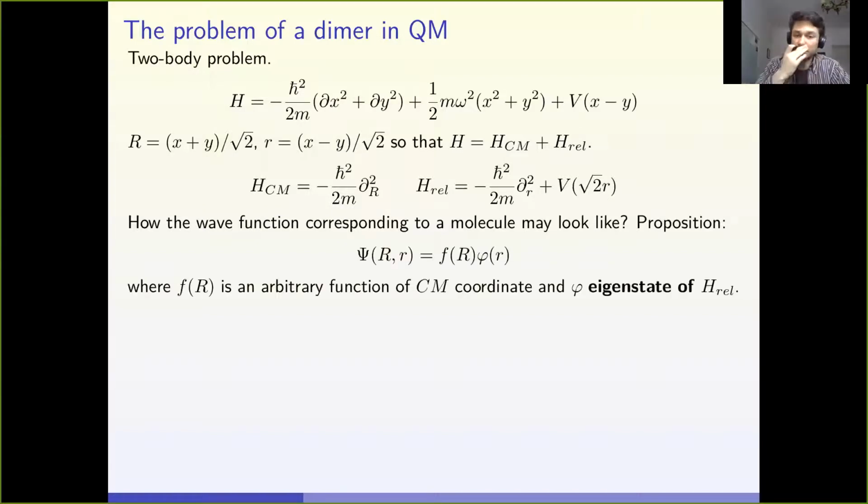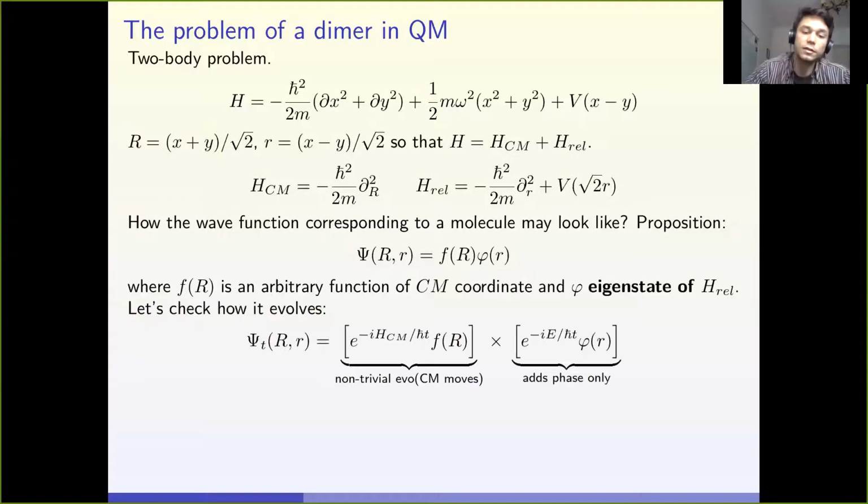My proposition is to take a product of two functions, where the first function f describes the motion of the center of mass of the molecule, and it is an arbitrary function of the center of mass coordinate. We do not specify it. And phi, describing the relative coordinate, is an eigenstate of the relative Hamiltonian. If you consider now the time evolution of such a two-body wave function, then the first part, the center of mass degree of freedom, evolves non-trivially.